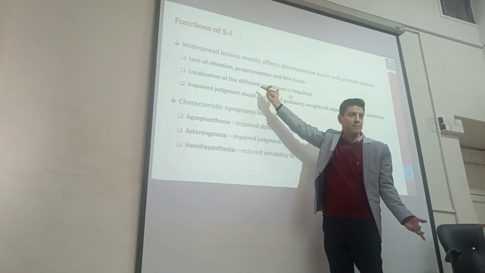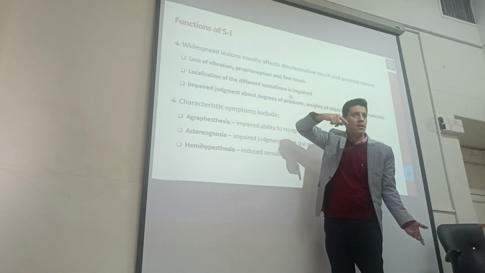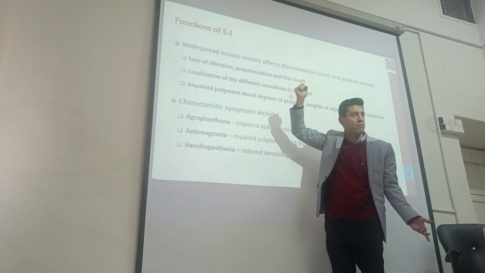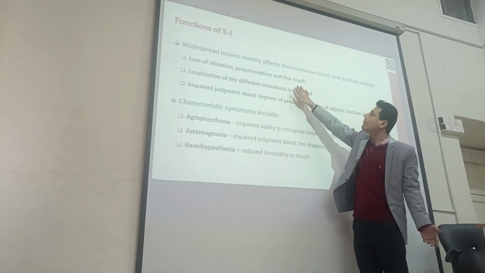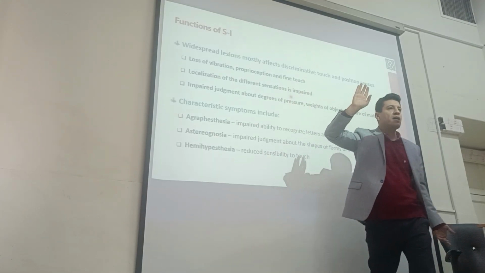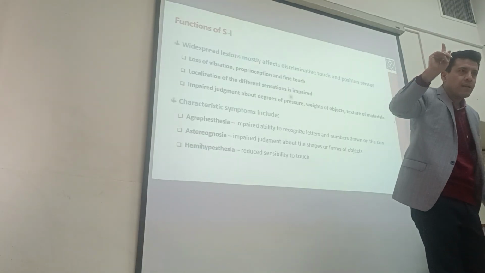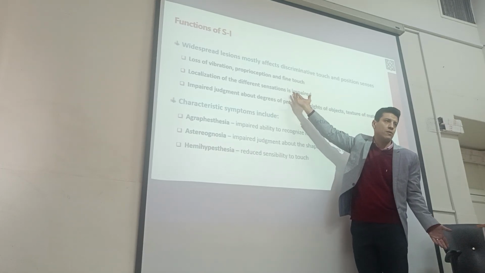Proprioception is lost. Remember, Brodmann area 2 and 3A were related to position, proprioception. Now they are all removed, right? So proprioception is lost. Fine touch, which areas? 3B and 1. Remember that? So they are removed, right? Fine touch is also lost.